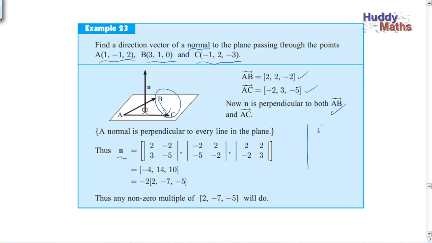It's the vector product, i j k by 2, 2, neg 2, neg 2, 3, neg 5, and so on. 2, neg 2, 3, neg 5 by i, take. Now by j, 2, neg 2, neg 2, neg 5, j, and plus 2, 2, neg 2, 3 by k.